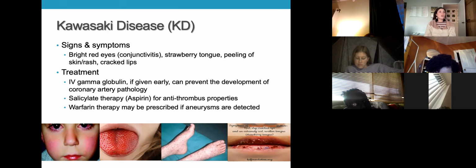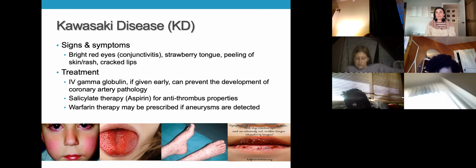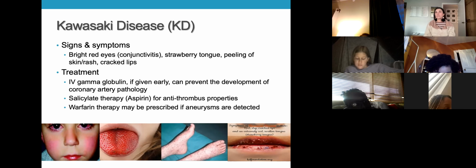They will be on aspirin for its anti-clotting properties. And then if they have aneurysms, we might have to step it up and place them on warfarin or Coumadin so that we're keeping the blood thin and not introducing any clots that could make one of those aneurysms burst.